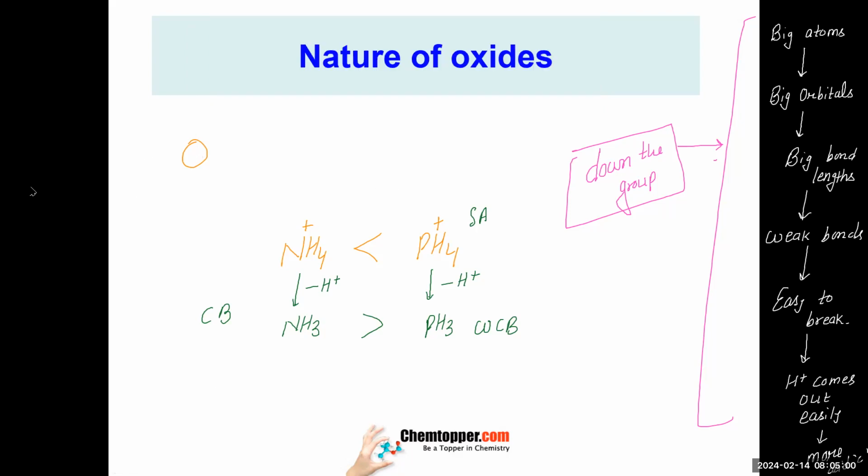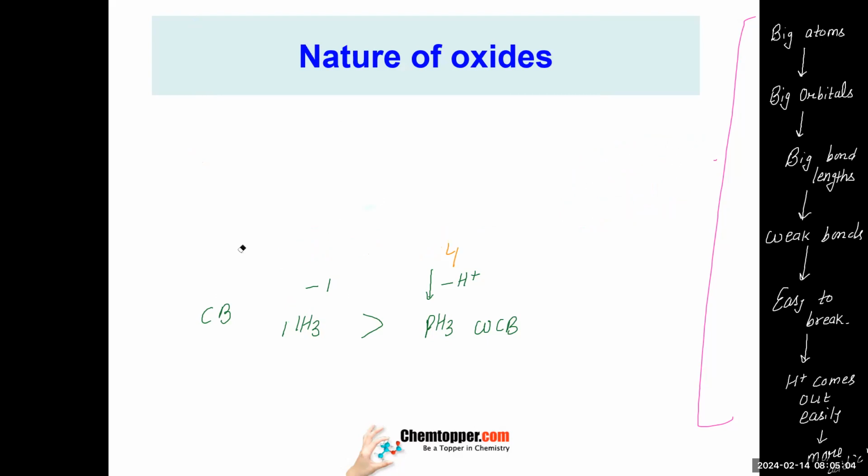Okay, nature of oxides. This is also something very important. And this we have done maybe in the periodic trends in unit 2 also. So now you can answer it, you can understand it better, but in unit 2, maybe you will be in difficulty in understanding of this.